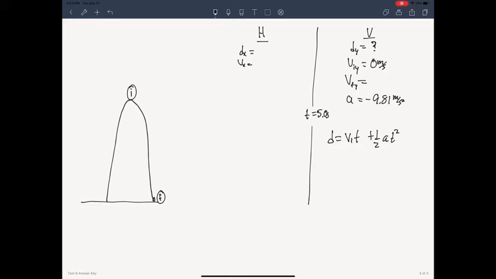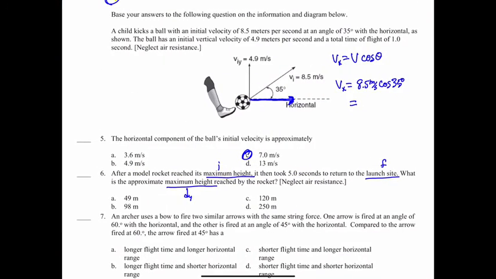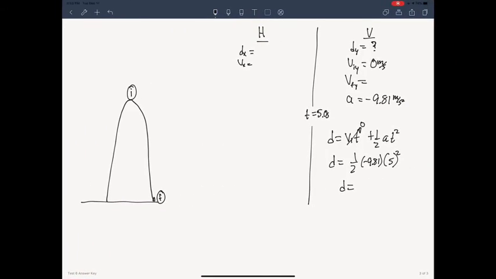Because viy is 0, that drops out. Our distance is what we're looking for: 1/2 times negative 9.81 times 5 seconds squared. And so if we solve for d, then we would get a negative value, right? 25 times.